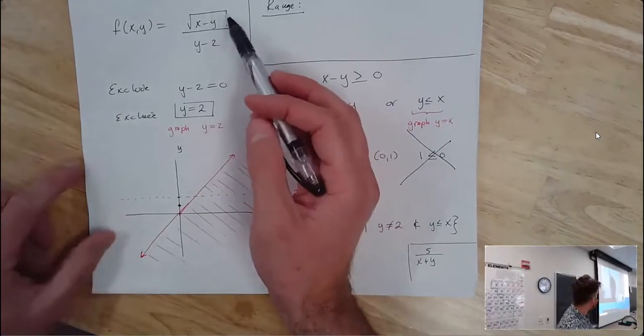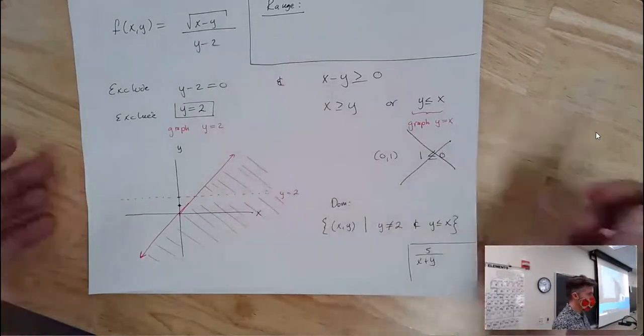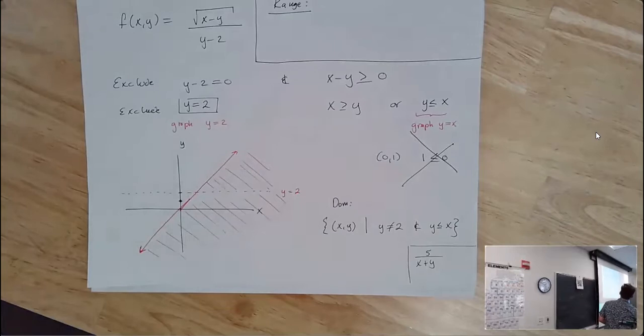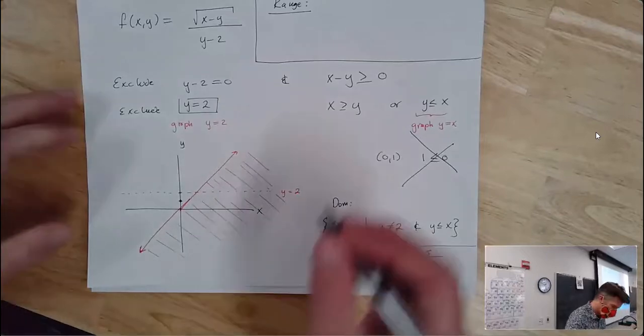Here's how I justify to myself what the range is. I try to make it easy. I'm going to pick a specific value of y to make the denominator super easy, like y equal to 3. And then I ask myself, if y equals 3, what values can the function equal? Let's write it down.